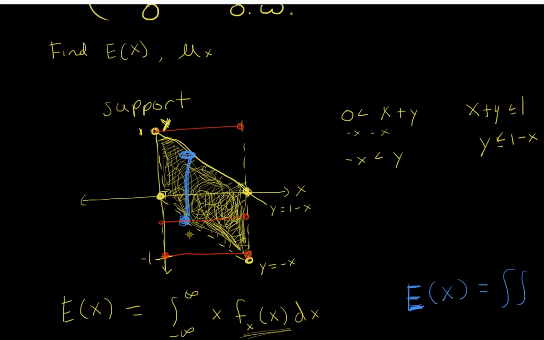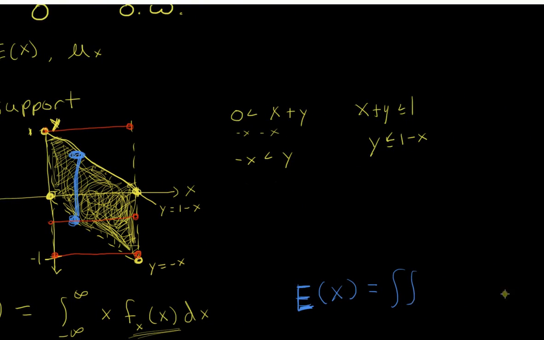I'm going to write dy here, and I'm going to integrate y between these two lines. This line down here is y equals negative x, so from negative x to y equals, what is this line up here? y equals 1 minus x.